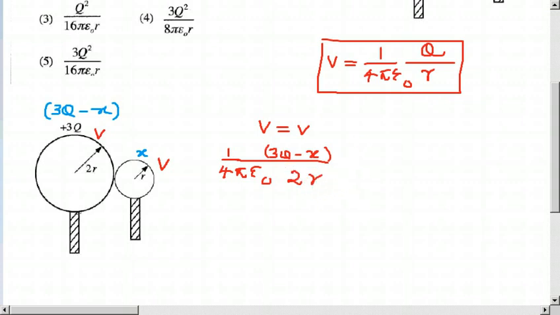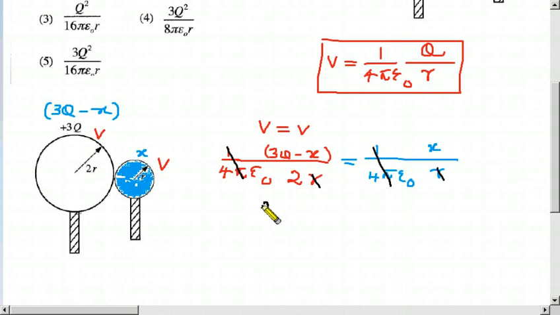That equals the smaller sphere. We write the same equation, 1 over 4 pi epsilon naught. The q is now x. The radius is simply r. So that's all we have to do. Now we simplify whatever is possible. 1 over 4 pi epsilon naught cancels on both sides.